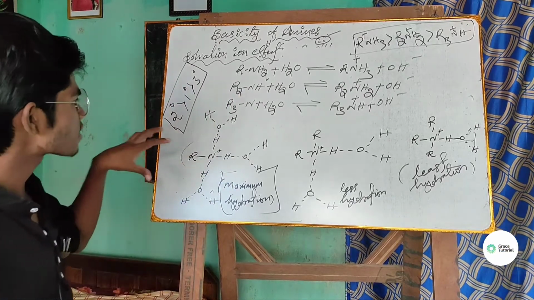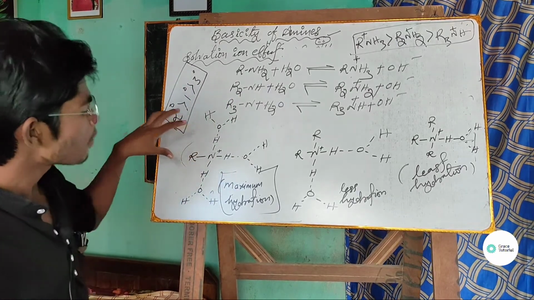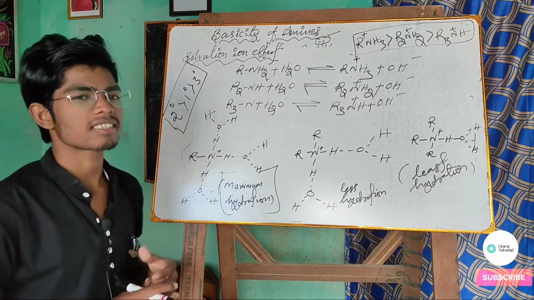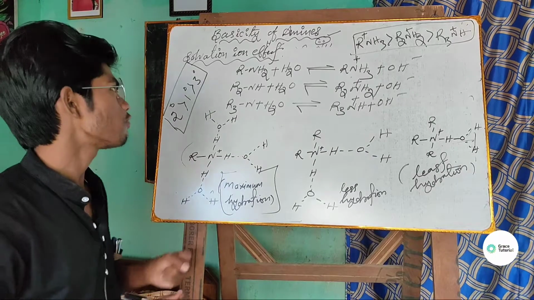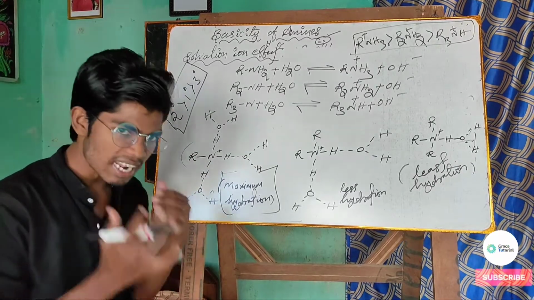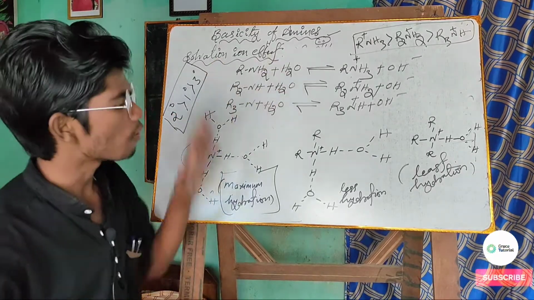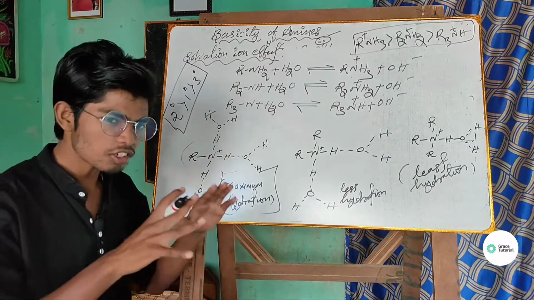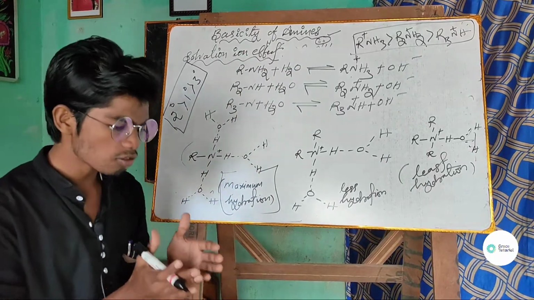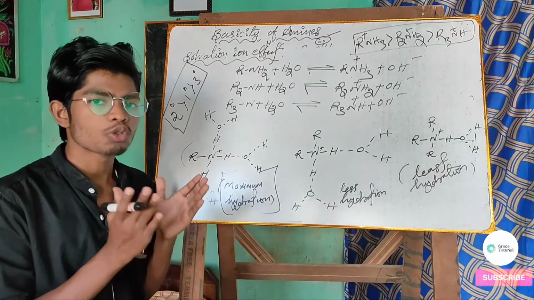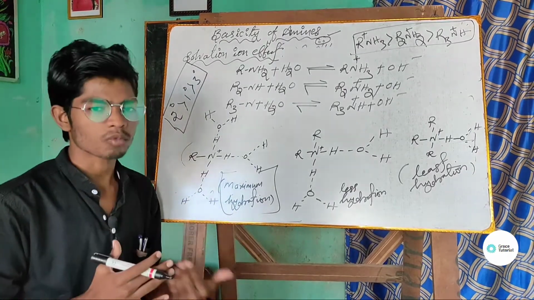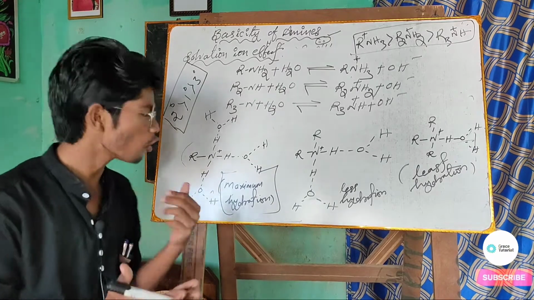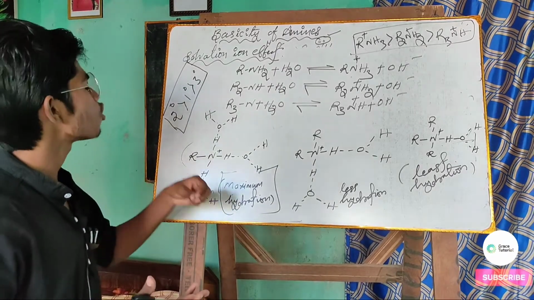And the basic nature of these amines and the order of the basicity of these amines can be explained on the three factors like inductive effect, steric effect, and the solvation ion effect. So these are the different factors, and these factors definitely will help you to get an understanding of what is the actual order, what is the correct order of the basicity of the amines.